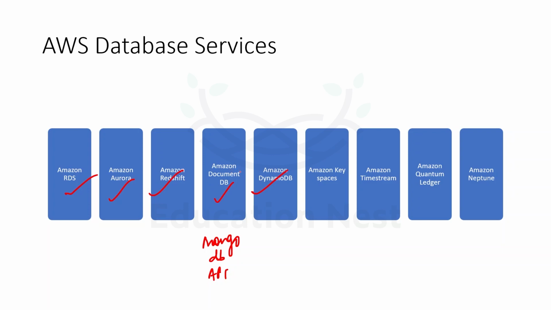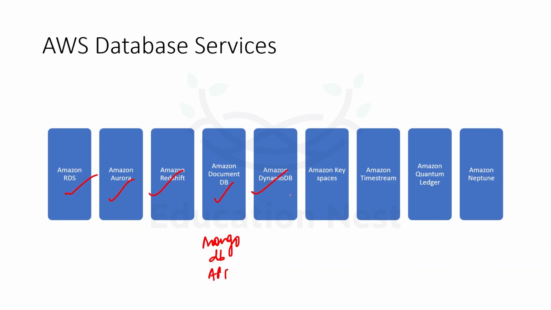This database is specifically designed to provide low latency, scalable, reliable storage for web, mobile, gaming, IoT and other applications that require high throughput and low latency for read and write operations.